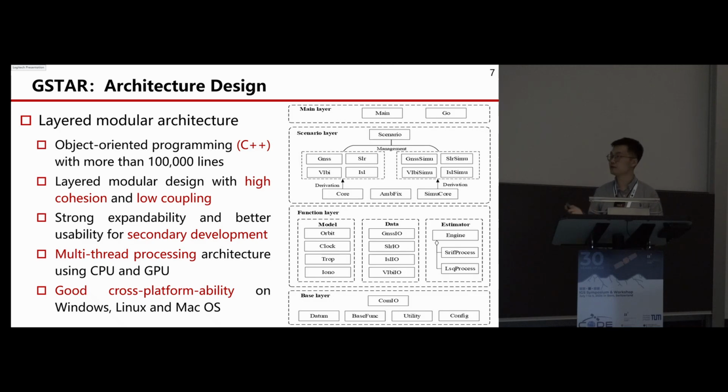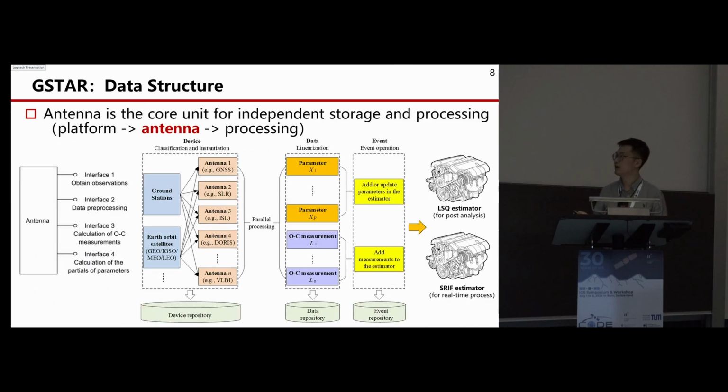The advantage of this architecture is to realize the software in a modular form. So the developers will find it convenient for secondary development by using a few interfaces. It also supports multi-thread processing using CPU and GPU, and it has good cross-platform ability on Windows, Linux, and Mac OS.